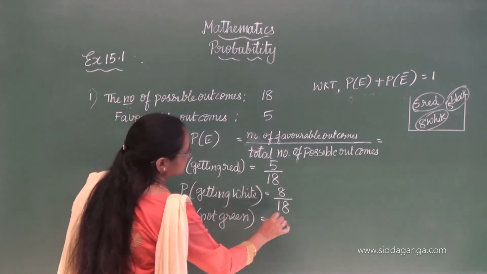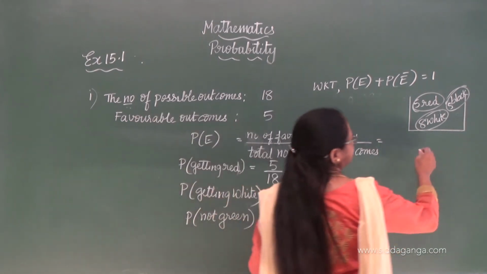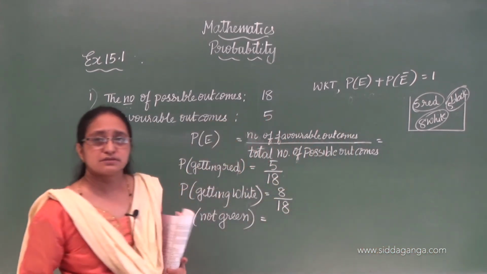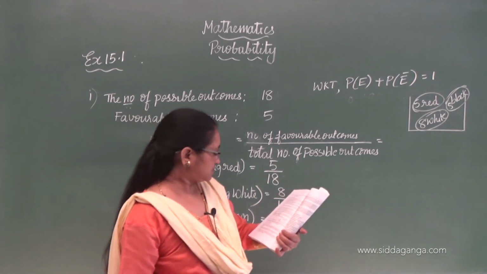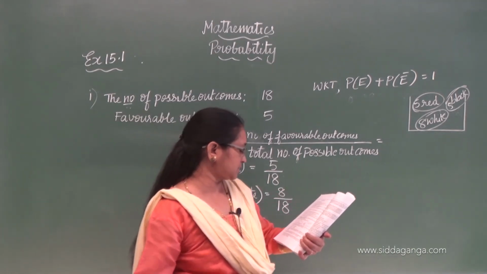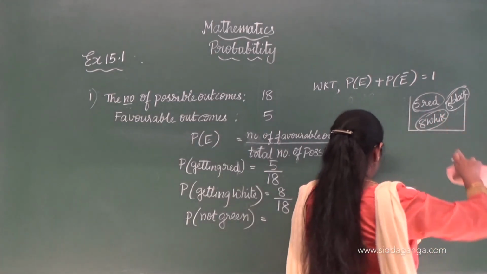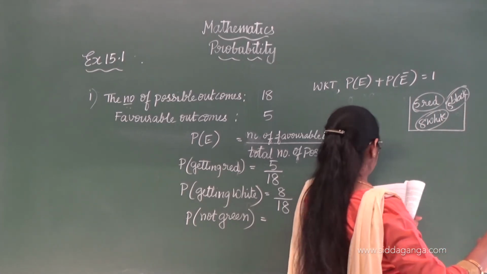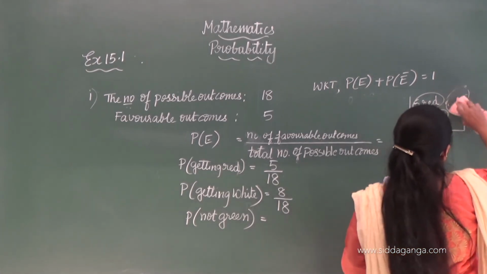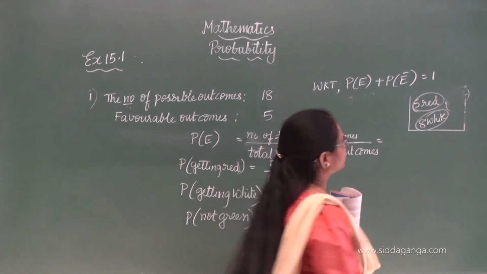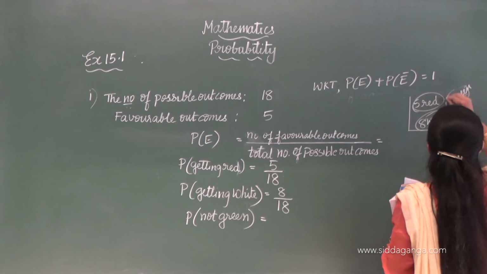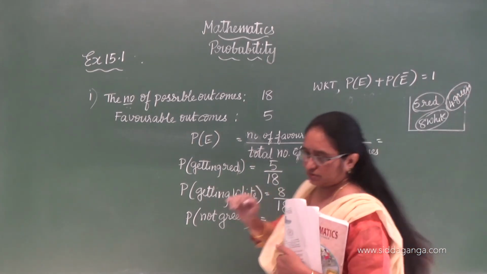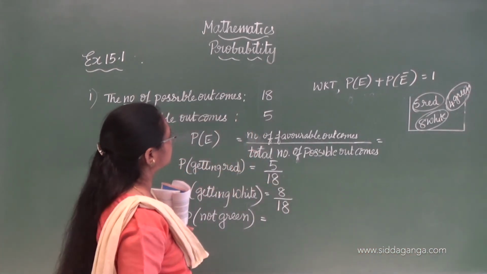Not green means, find out, not green means their green marble only is not, sorry. I took 5 red, 8 white and 4 green, here 4 green. Okay, sorry, this problem again I think I have to do.